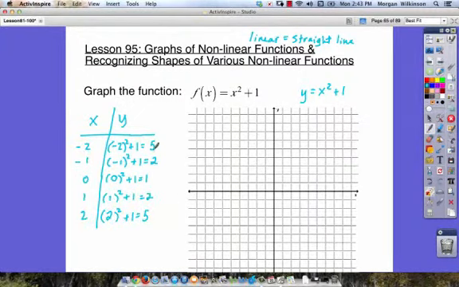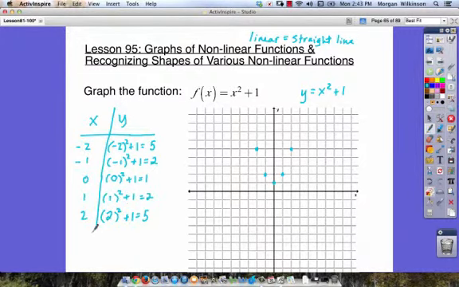Now let's graph and see what happens. -2 on the x is equal to 5 on the y. -1 on the x is equal to 2 on the y. 0 on the x is 1 on the y. 1 on the x is 2 on the y. And 2 goes with 5, the point (2, 5).